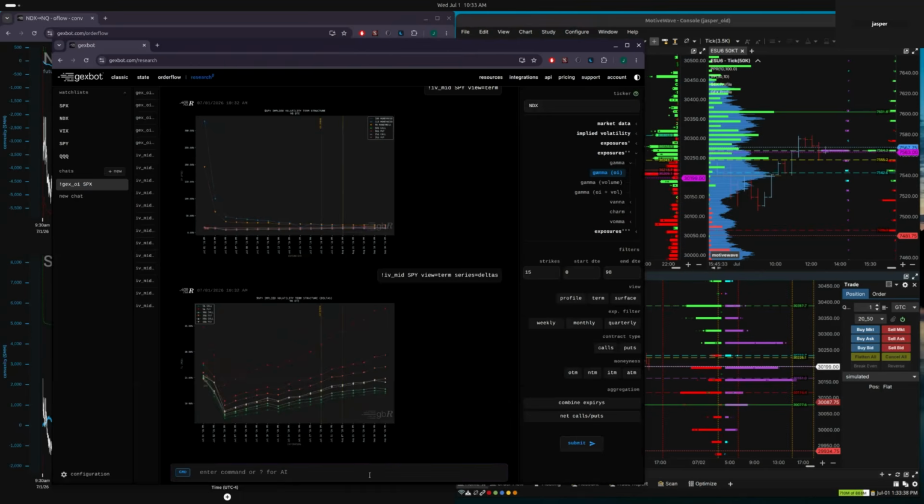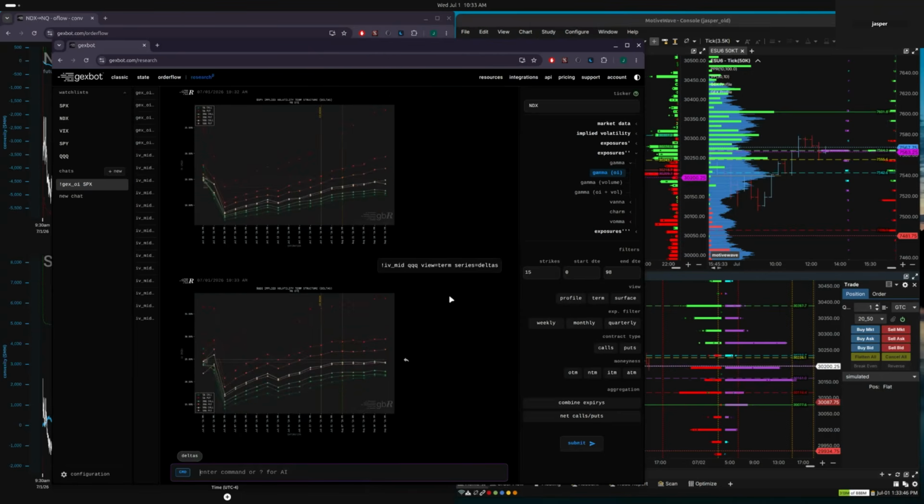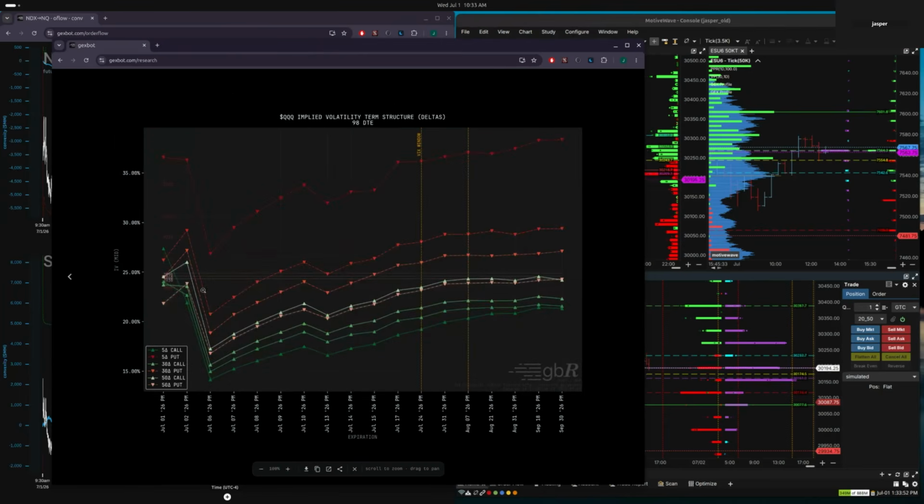Let me check QQQ. Yeah, it's basically normal. A bit higher as well on July 6th. Yeah, it also lifted. Those are just the zero DTEs because everyone's piling into them. I know that zero DTE volume has been increasing to an absurd amount.